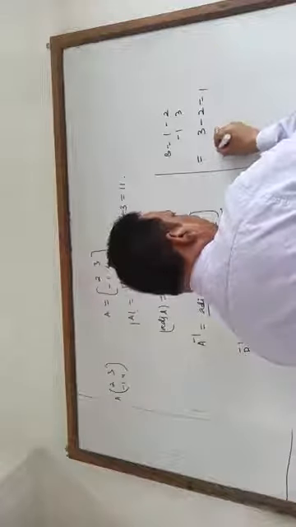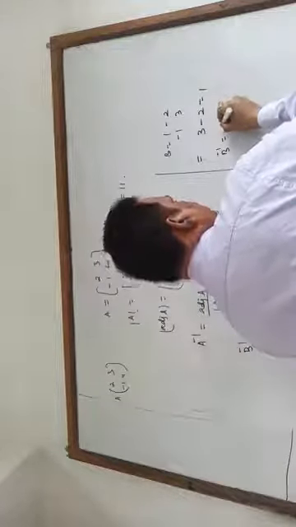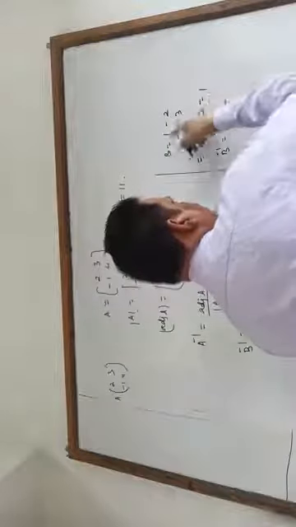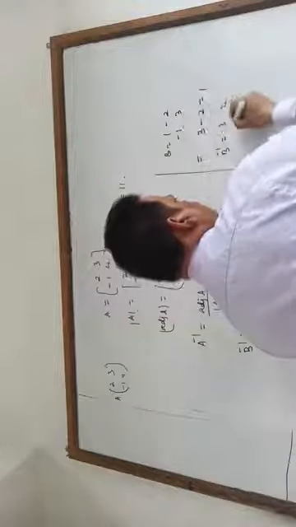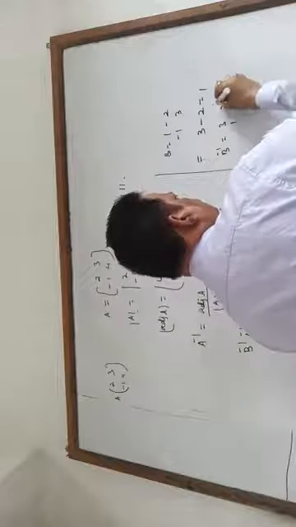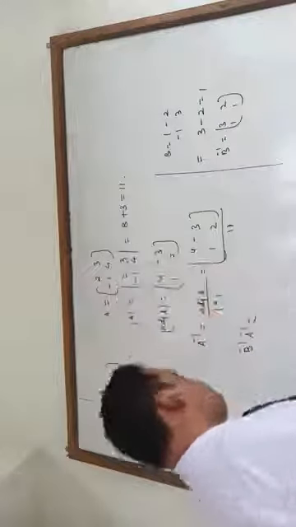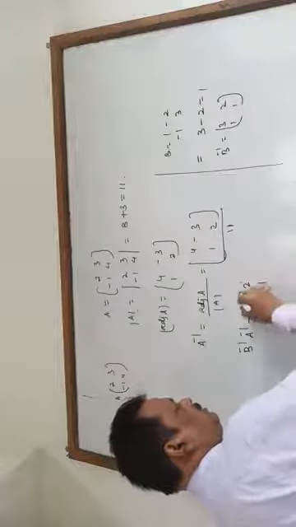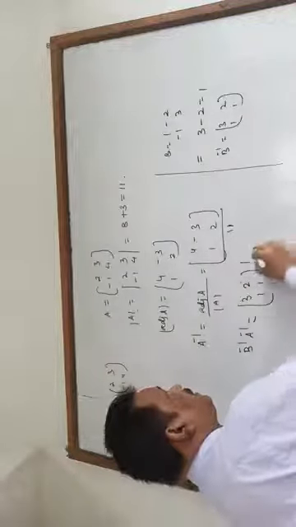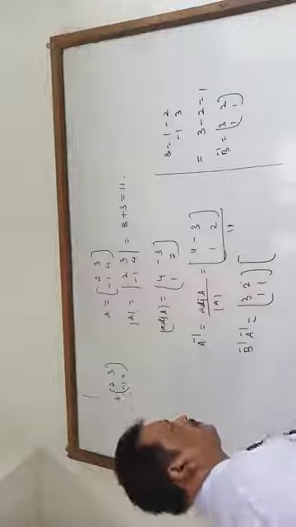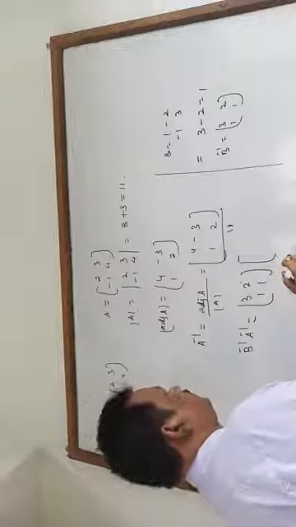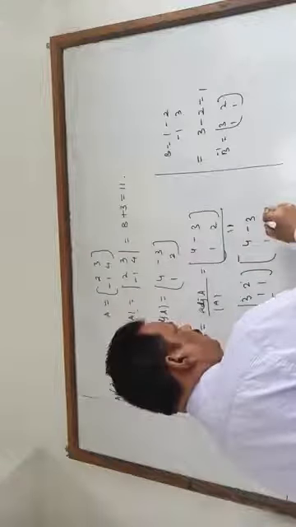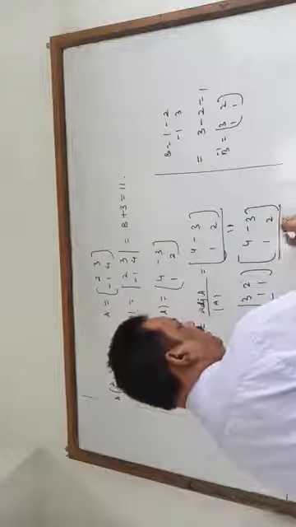So B inverse is 3 2 1 1, multiplied by A inverse, which is 4, minus 3, 1, 2 divided by 11.